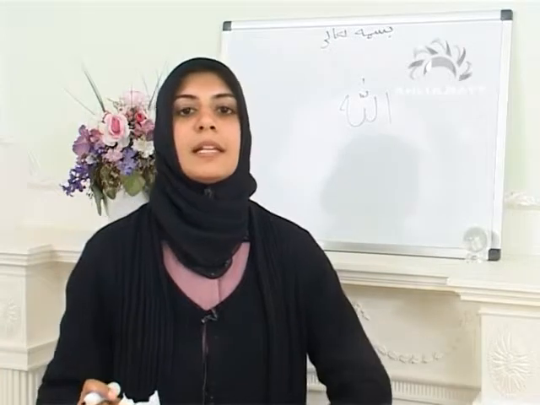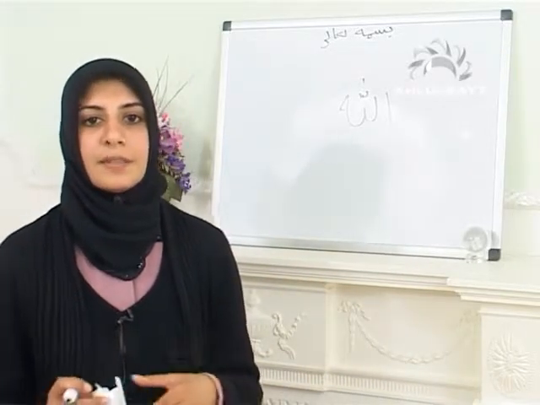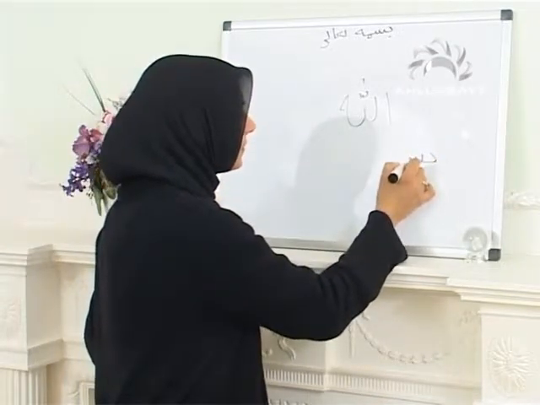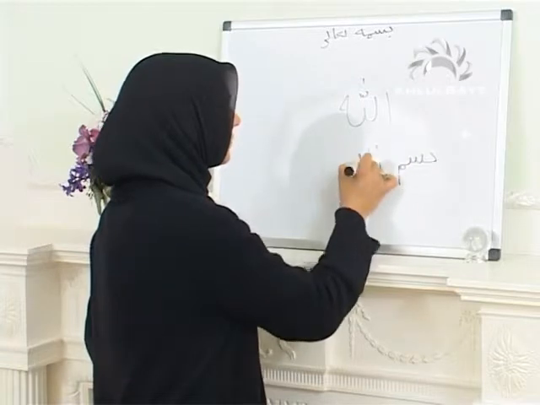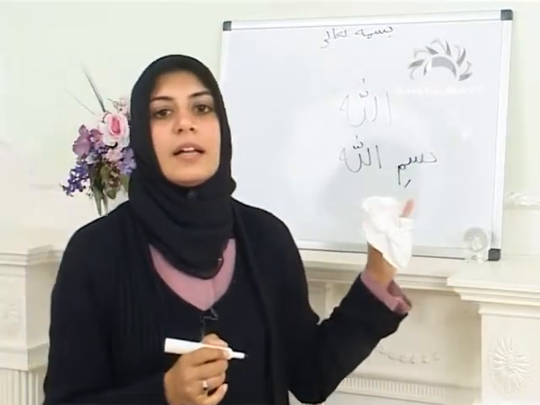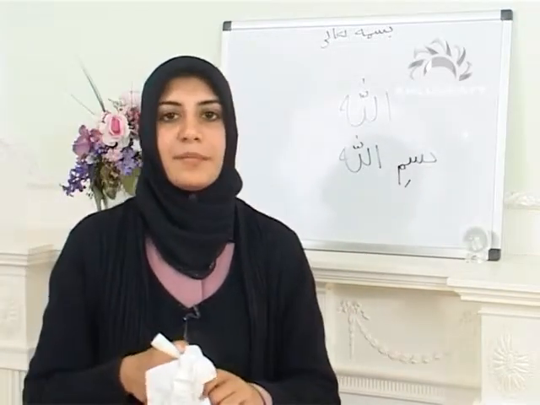Then we say Bismillahir Rahmanir Rahim, in the name of Allah, the kind, the merciful. Because of Bismillah, again the kasra before Allah will make the lam light. Bismillahir Rahmanir Rahim.